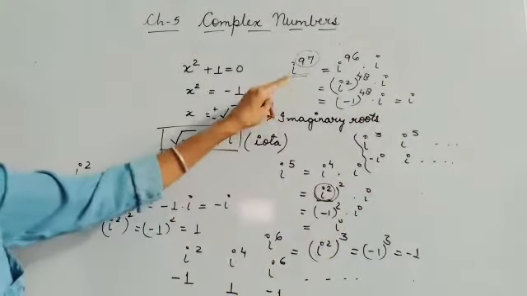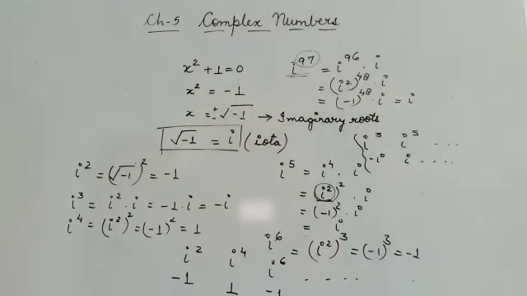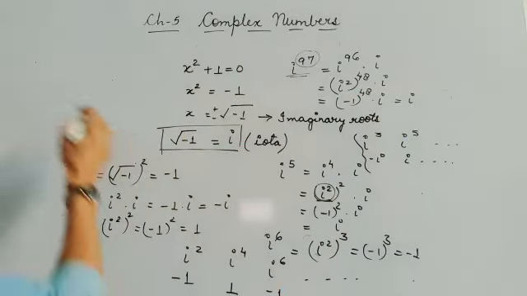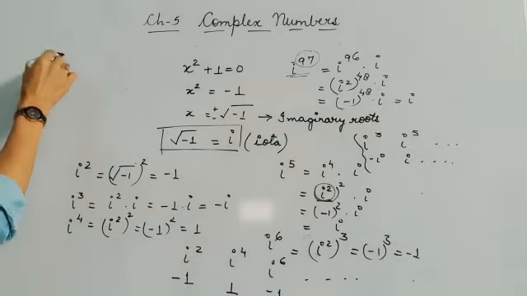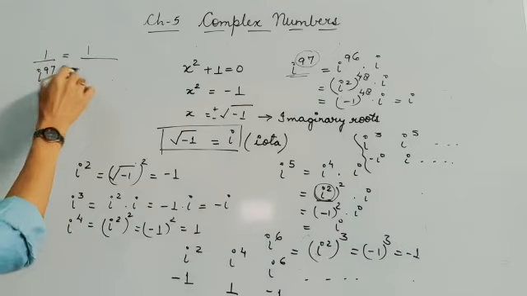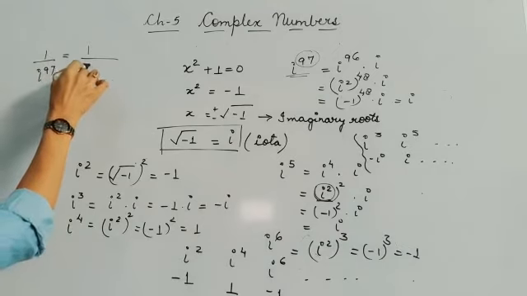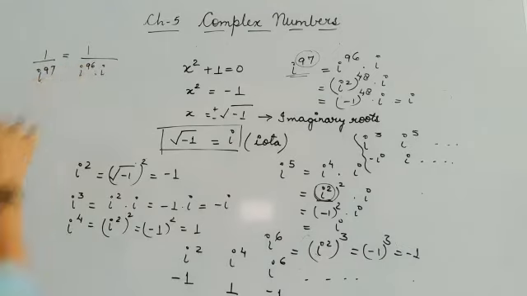So this is the case when you are getting it in the numerator. But what if I get it in the denominator? If it is in the denominator, then also you have to split one iota from it. So it will be iota raised to power 96 into iota.